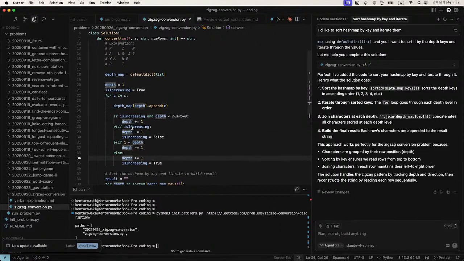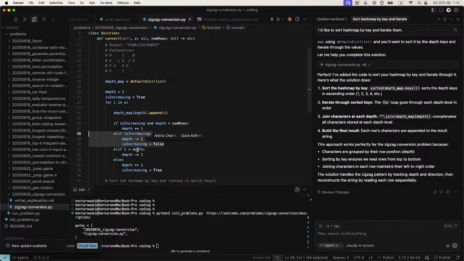But when the number of rows is 1, the depth is going to be 0 because the code reached here, and I wanted to handle the edge case.